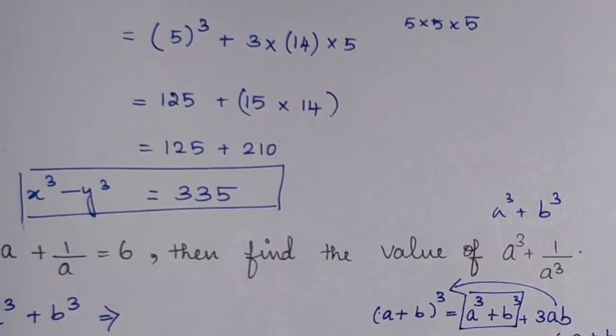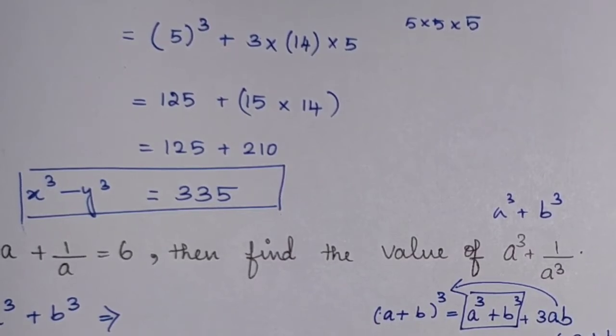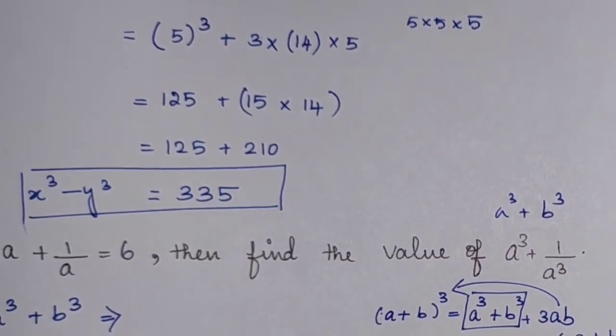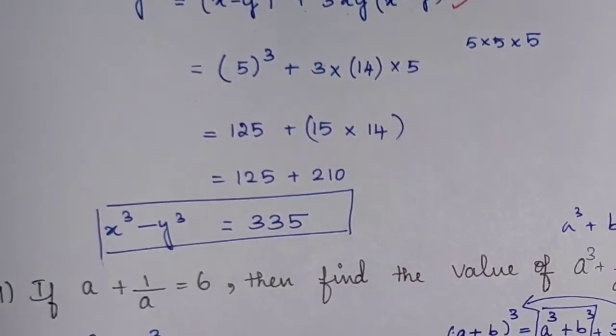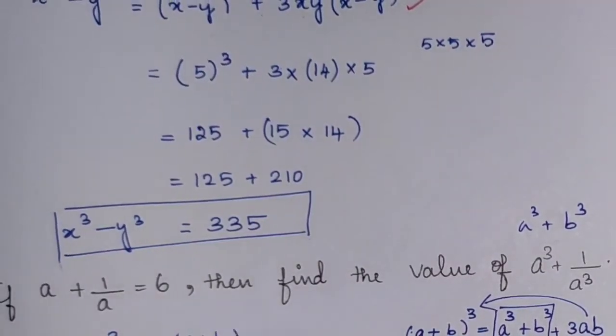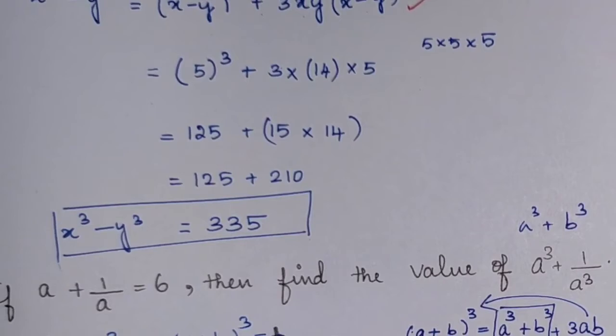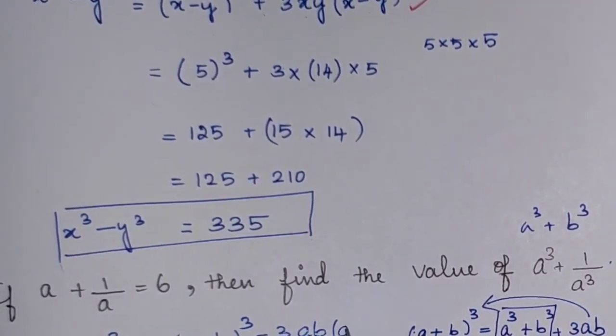It becomes a plus b the whole cube minus 3ab into a plus b is equal to a cube plus b cube. So a cube plus b cube is equal to a plus b the whole cube minus 3ab into a plus b.